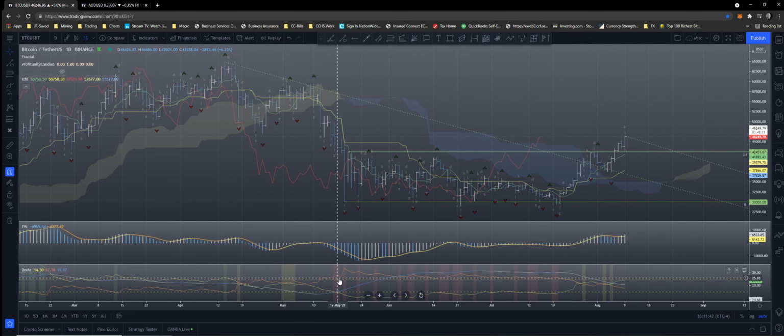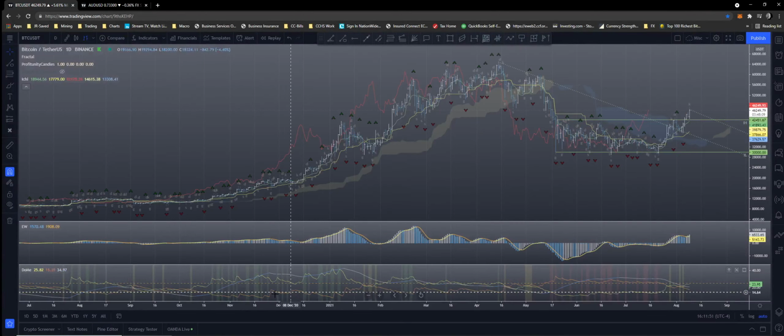When my red's over top, bears are in control. Yellow and green, that's the bulls. You can see that during bull runs, you clearly get the DI positive over top of the negative.